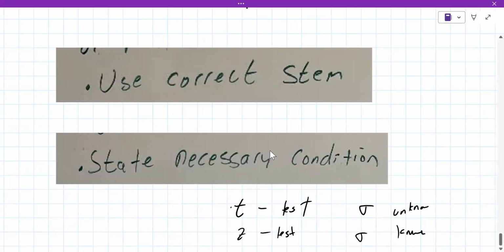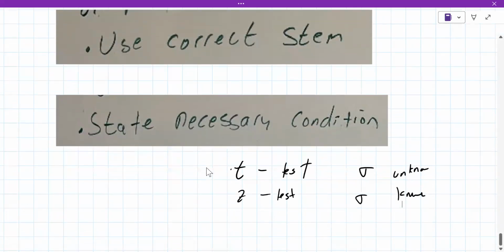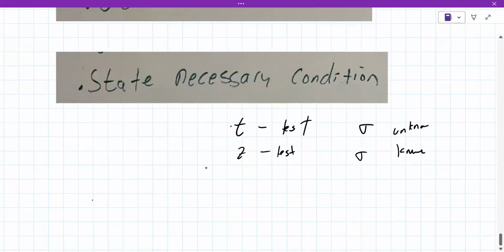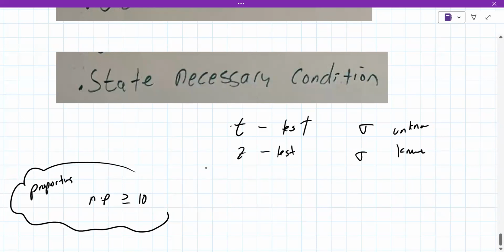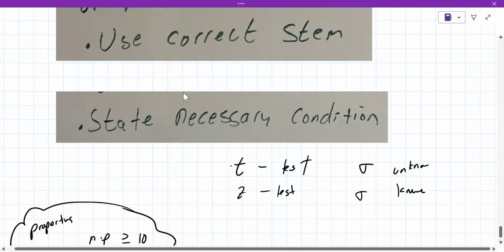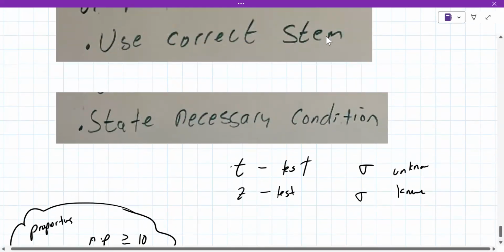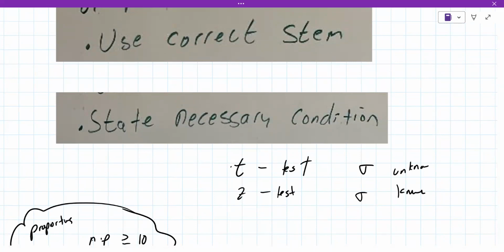Were you ever asked to state the conditions? Were you ever asked to write them down? Did you have to verify conditions? There's one for proportions where n times p has to be greater than or equal to 10. But that's kind of in the weeds. I mean, that's really specific stuff. So I don't know. Maybe look at one of those tests. Maybe ask about STEM from someone else that might know what that is. But all right, we're going to go ahead and stop here.